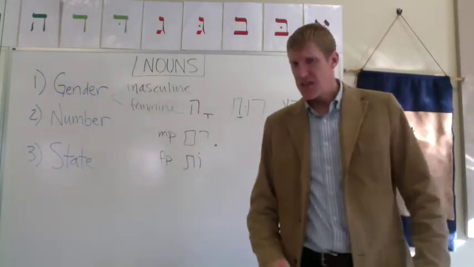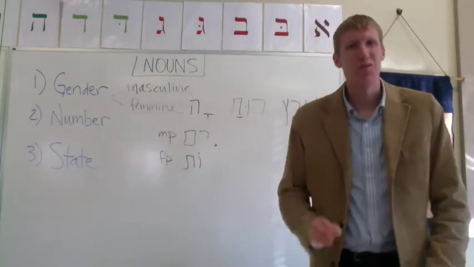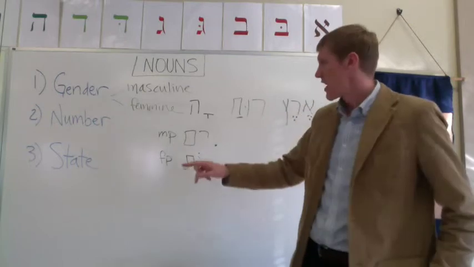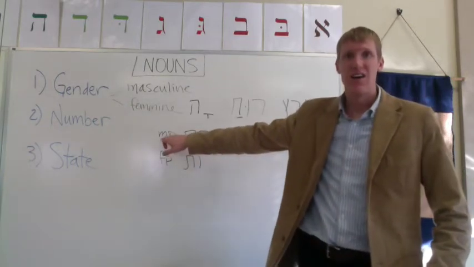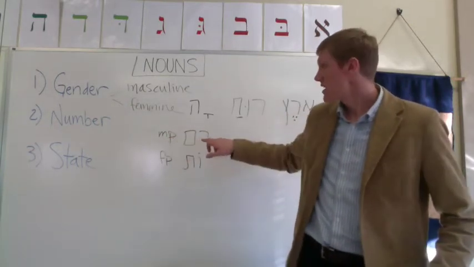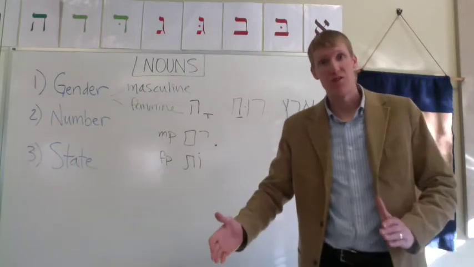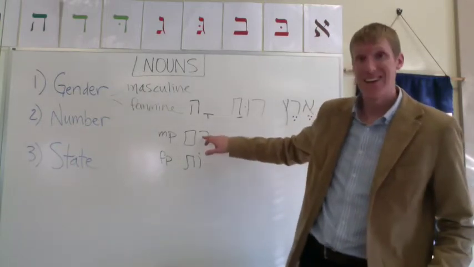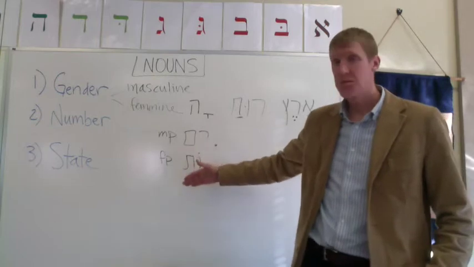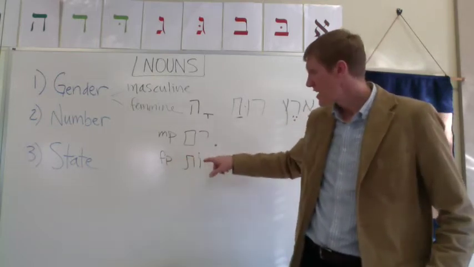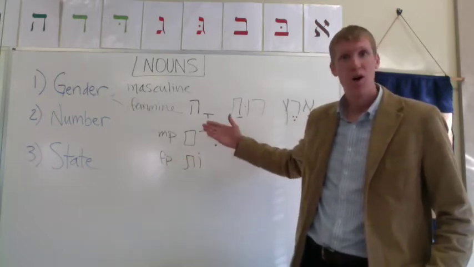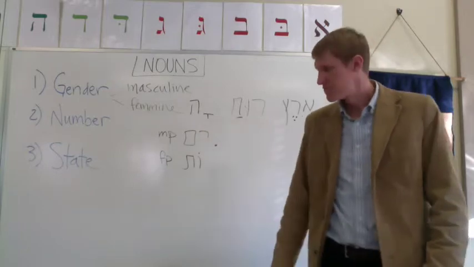And she's right, but she doesn't give you a very important caveat: the masculine plural ending 99 times out of 100 is eem, and once out of 100, you'll have oat as a masculine plural ending. And the same is true for the feminine plural. 99 times out of 100, it's oat. Once out of 100, it's eem.